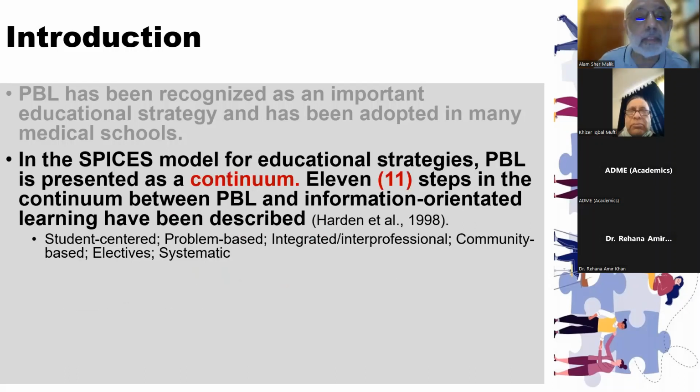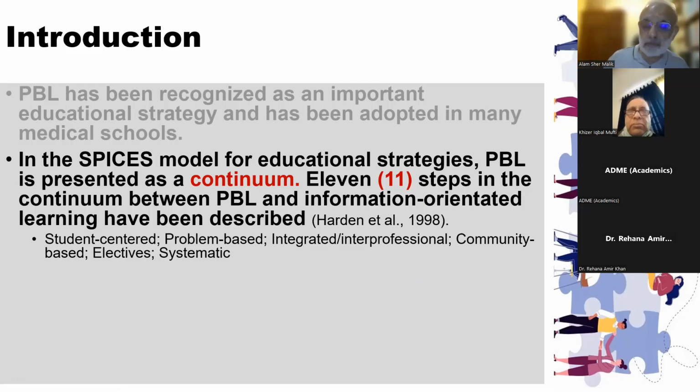So let's say, as I said, in the SPICES model, presented by Harden, one side is traditional lecture, the other side is problem-based learning, and there are 11 steps in between.